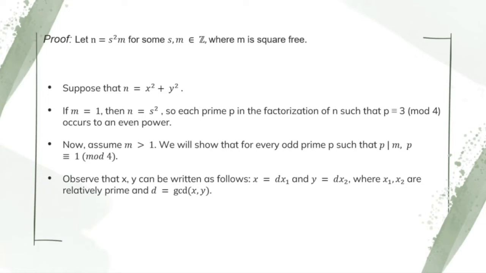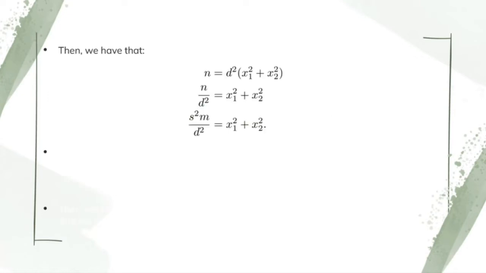Observe that x, y can be written as follows: x equals d x1 and y equals d x2, where x1 and x2 are relatively prime and d is equal to the greatest common divisor of x and y. Then by substituting x and y into n equals x squared plus y squared, we get s squared m over d squared equals x1 squared plus x2 squared.